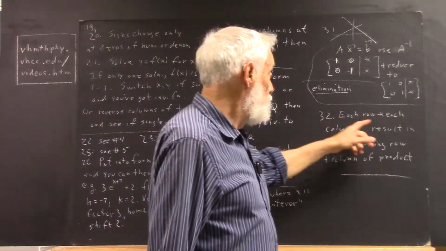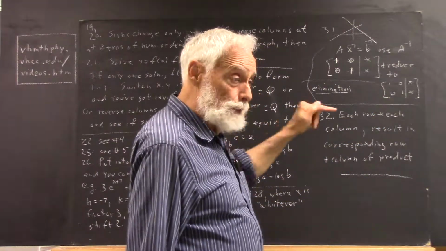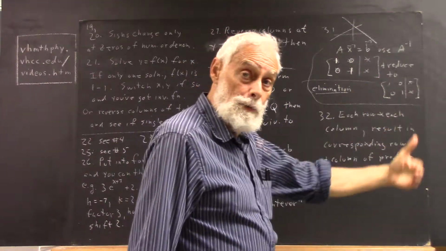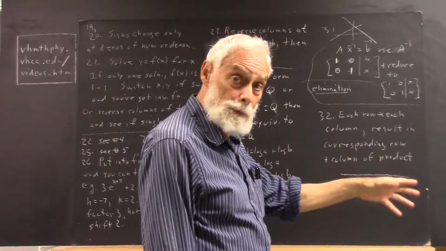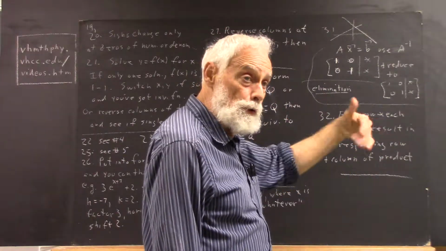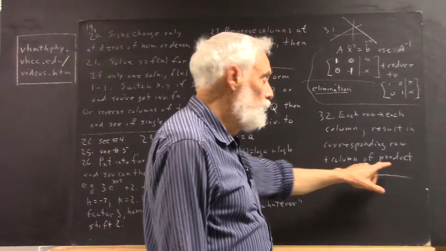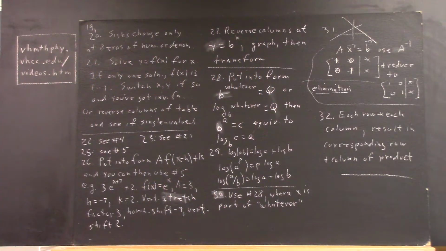You multiply every row of the one on the left by every column of the matrix on the right, and you get a number for each row times each column, and you put the resulting number for each row and column into the corresponding row and column of the product. And that's something people are doing okay, but I do recommend just a little more practice to be sure that you really have it down, and then you end up with an easy problem, okay?